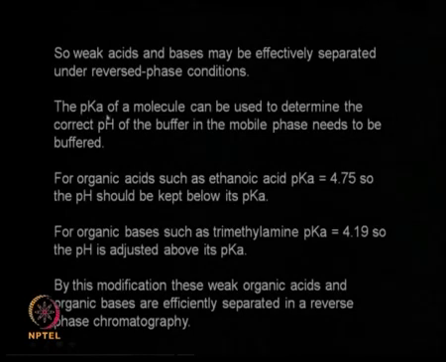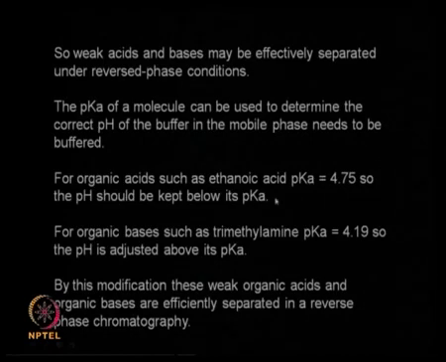So the pKa of a molecule can be used to determine the correct pH of the buffer in the mobile phase. So based on the pKa we can adjust the pH in the buffer. For example, for organic acids such as ethanoic acid, pKa is 4.75, so the pH should be kept below its pKa, so we have to use a lower pH to prevent the ionization.